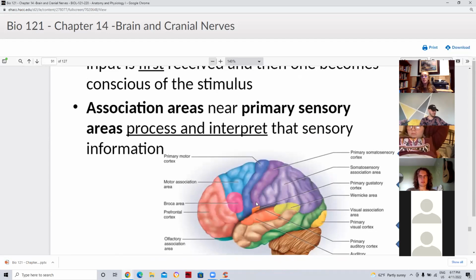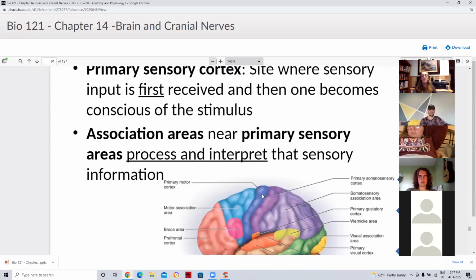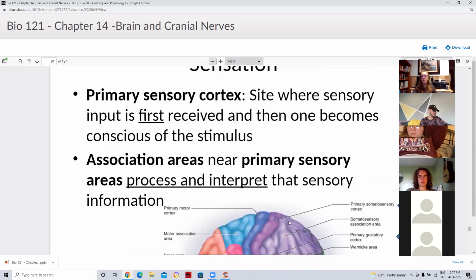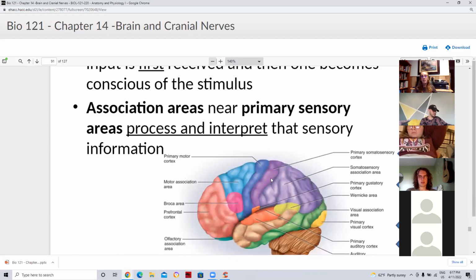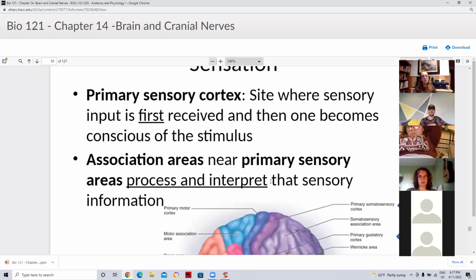Right, where was primary sensory cortex? Primary somatosensory. Wait, let me think here. I was going to say something, but I think I'm going to be wrong, so I'm not going to say it.